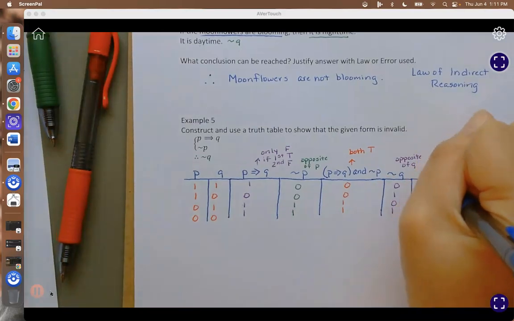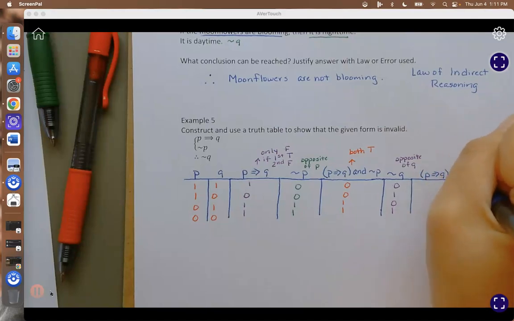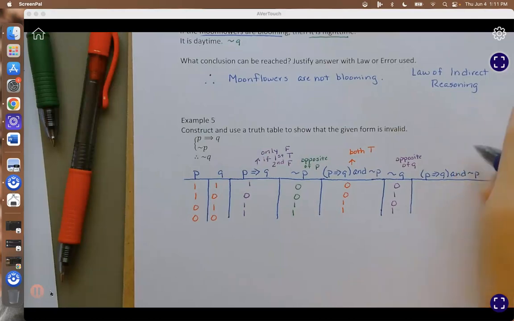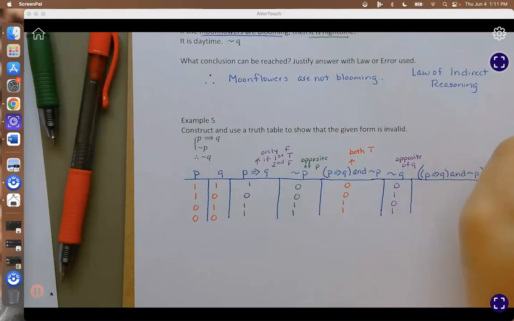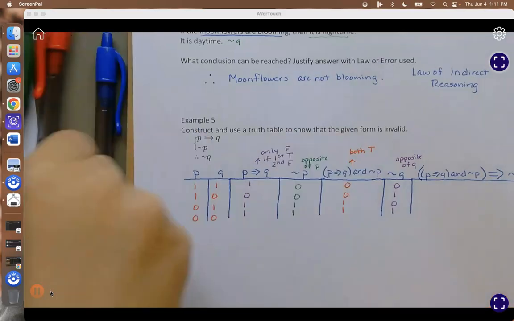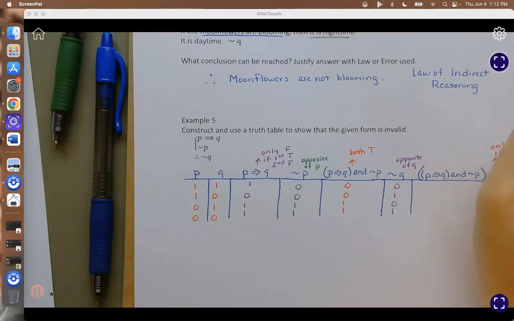So P implies Q and not P. Okay, so that's all together implies not Q. Now remember, only false when the first is true and the second is false.